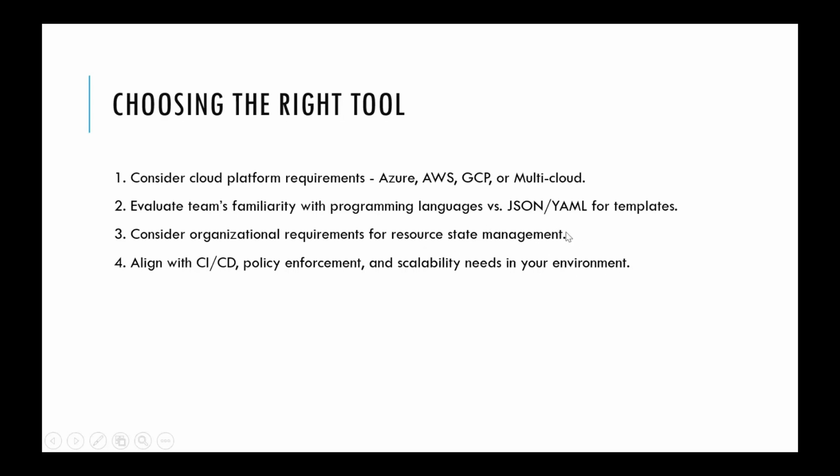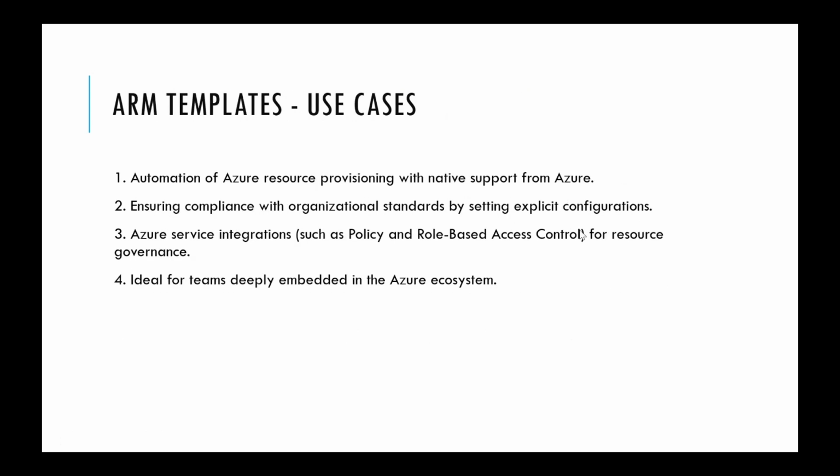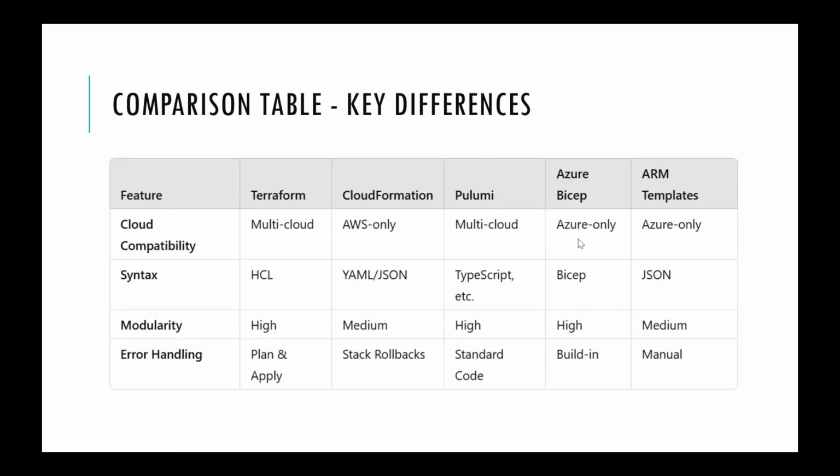And if you want to use native development languages like Python, Go, or any other language, you can go for Pulumi. This is also multi-cloud, so you can use it to create resources in multiple clouds.